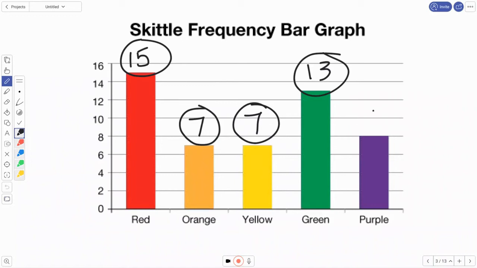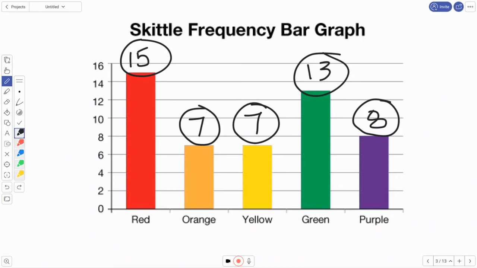It's on that 8 line. So it is 8. We simply look at how big the bar is and compare it over with the number it shows on the axis. All right, so you can see that we had 15 red, 7 orange, 7 yellow, 13 green, and 8 purple. Now we collect data to try and come up with conclusions or things we can say. What did we learn from this?